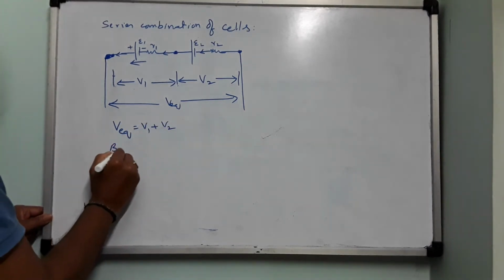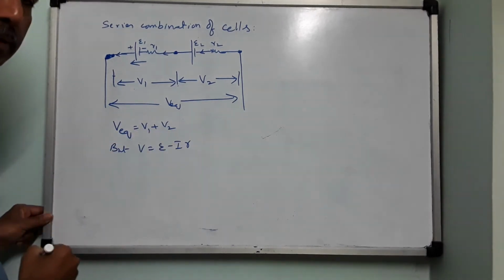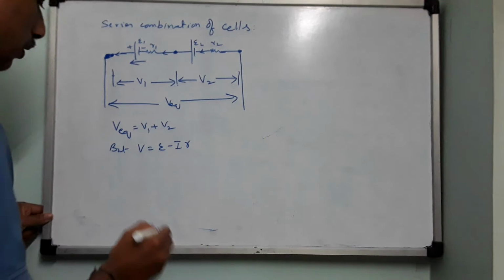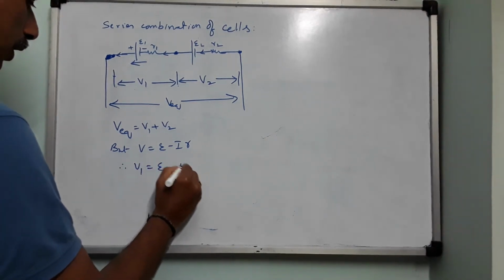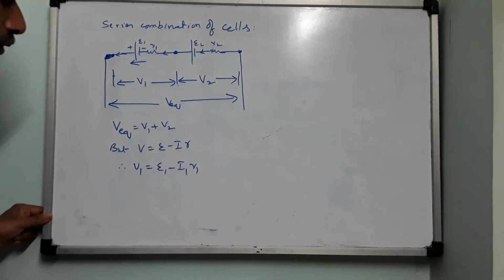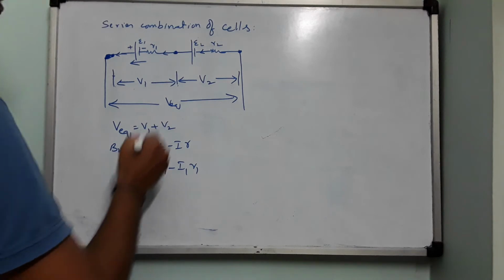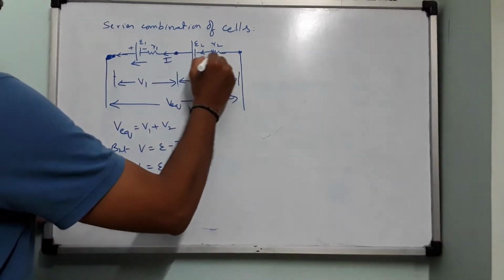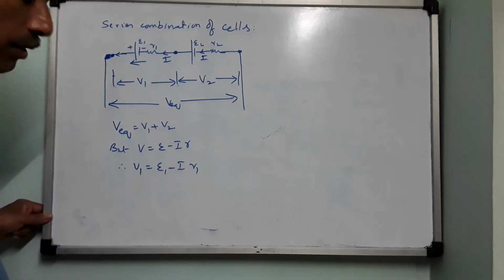But V equals E minus IR. This we developed in the previous class. Therefore, V1 equals E1 minus I1 R1. We name it I1 only when there are two different currents, but both of them are carrying the same current, so there is no need of this subscript. We drop it.